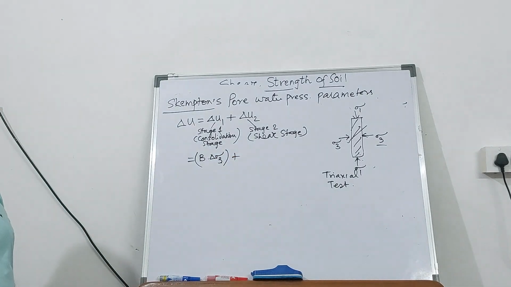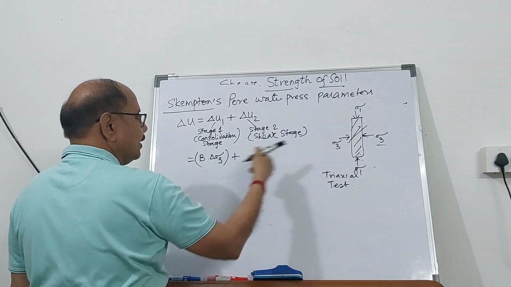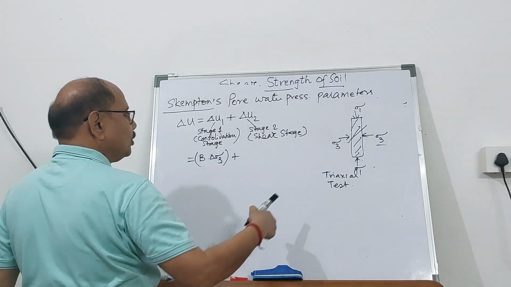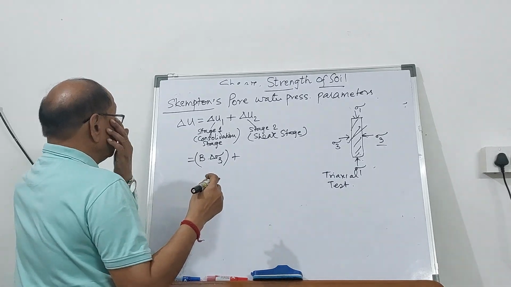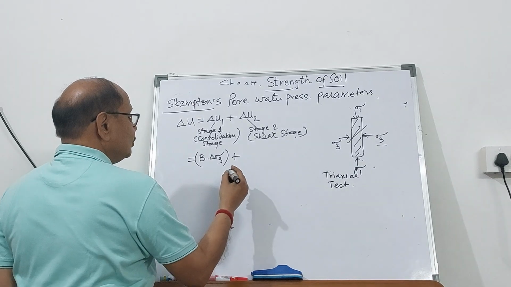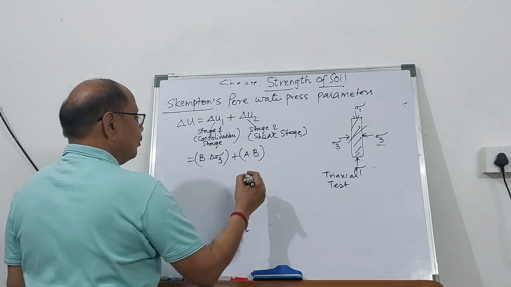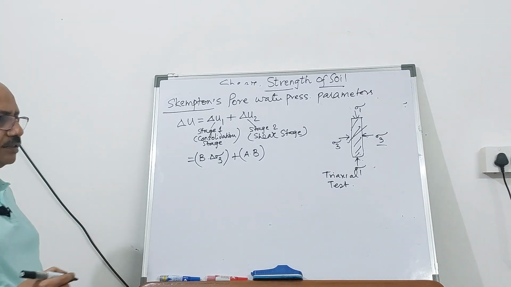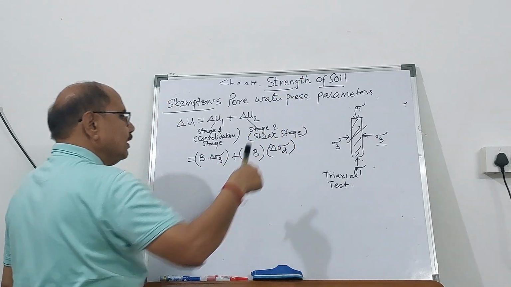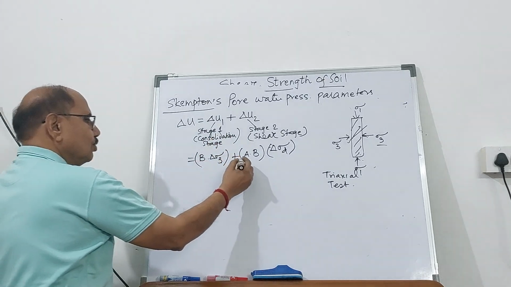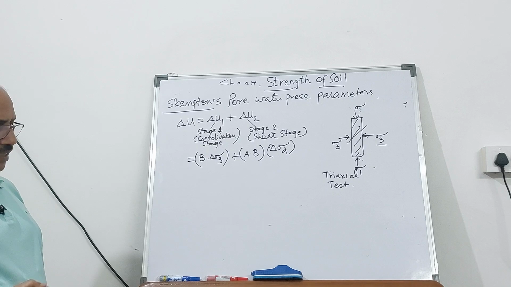B times delta sigma 3. And this stage 2 is combined because the pore water pressure is going to increase in all directions, and in the vertical direction, in the shear stage, it is going to be A into B multiplied by delta sigma D. So when I am applying the deviatoric stress, this is going to be another parameter given by Skempton.